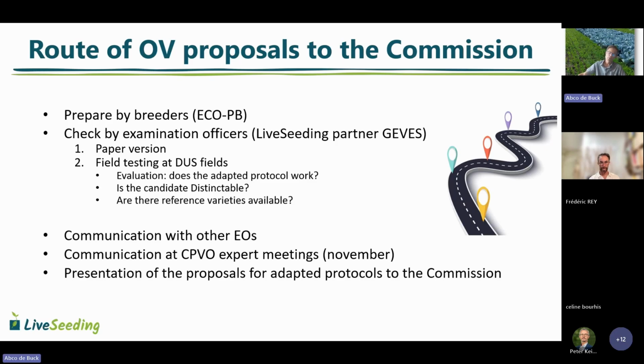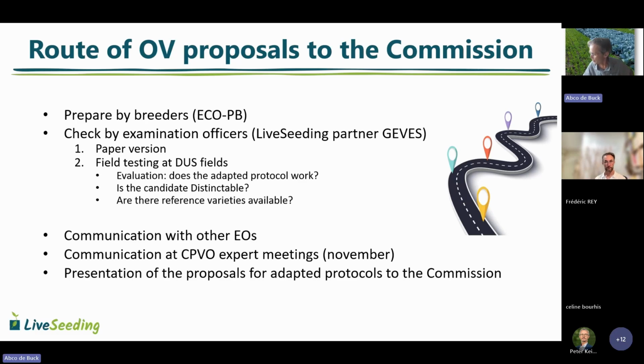Thinking about the carrot example, imagine that there are only F1 varieties on the market, and we have to introduce a separate category for open pollinated varieties. You would have the same discussion. Then you would start up a reference collection of open pollinated varieties.